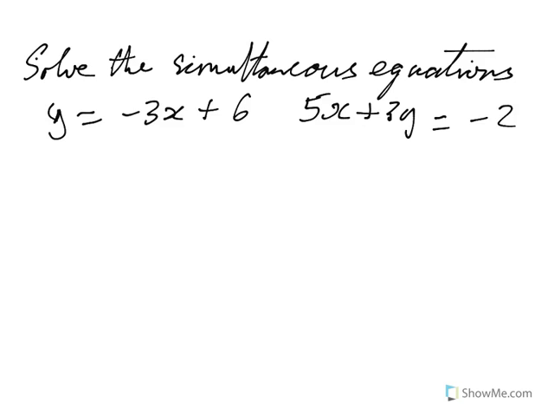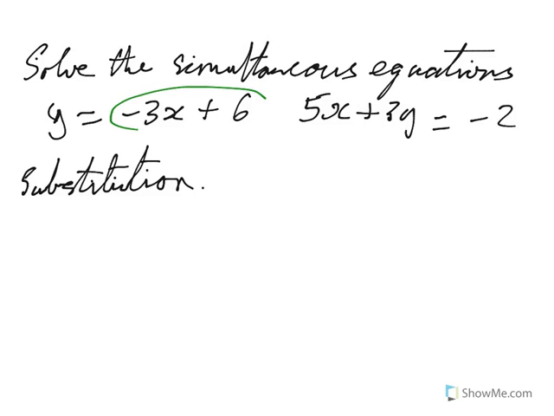So whenever you've got, say, y equals or even x equals, what we can use is what's known as substitution. What that means is, because y is the same as negative 3x plus 6, I'm going to substitute that negative 3x plus 6 in here for y.